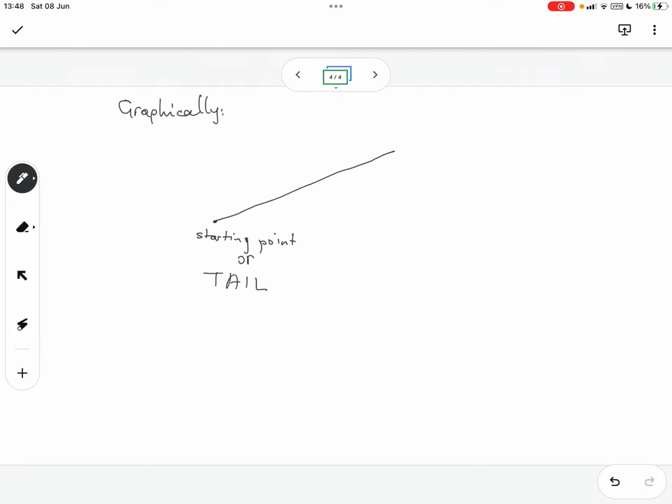So how we represent them graphically, the quantity will have a starting point or tail, and it would end somewhere.